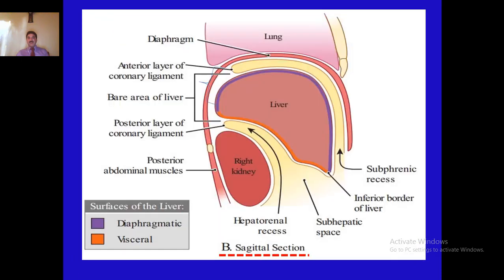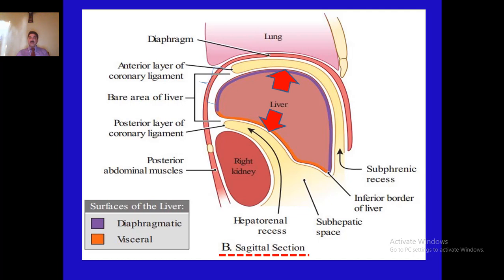To understand the disposition of the coronary ligament, let us go to the sagittal section of the liver. The visceral surface of the liver is covered by the inferior layer of the coronary ligament. The anterior superior surface and posterior surface of the liver are covered by the superior layer.